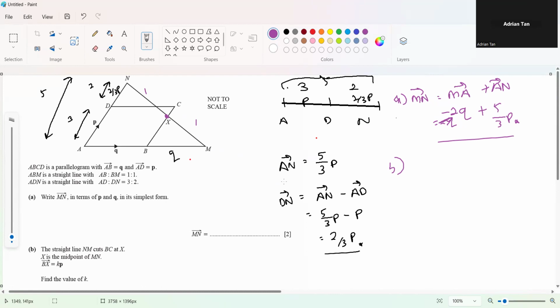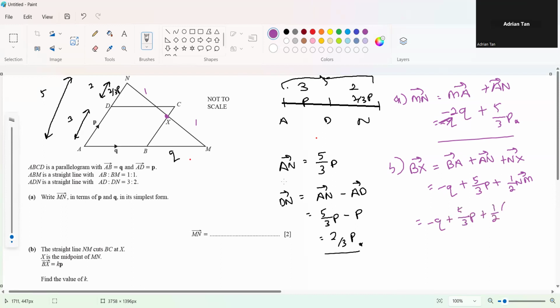So we can ratio it down. So we have BX equals to BA plus AN plus NX to work with. So BA is negative Q, AN is 5/3P, and NX is half of NM. So from here, we found MN earlier, so we just need to change the signs.